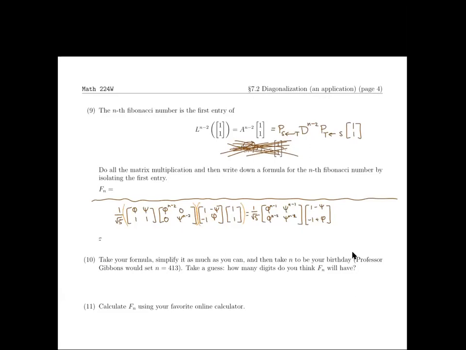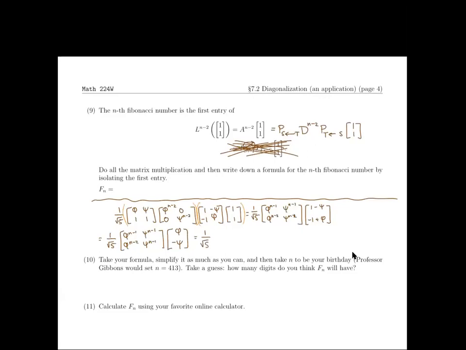This is going to be equal to 1 over root 5, phi to the n minus 1, c to the n minus 1, phi to the n minus 2, c to the n minus 2, times, well, 1 minus c is phi, and negative 1 plus phi is going to be negative c. And now we can multiply this all out, and we are almost there.